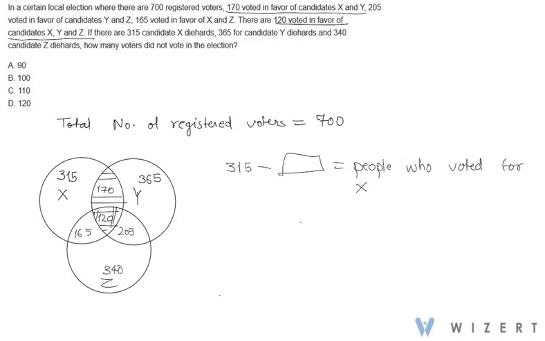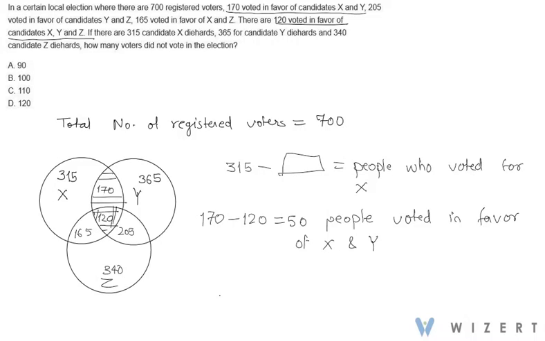So we can say that 170 minus 120 equals 50 people voted in favor of X and Y only.